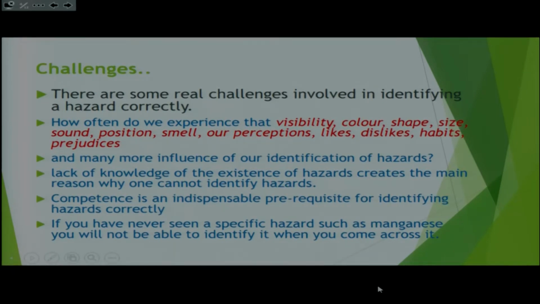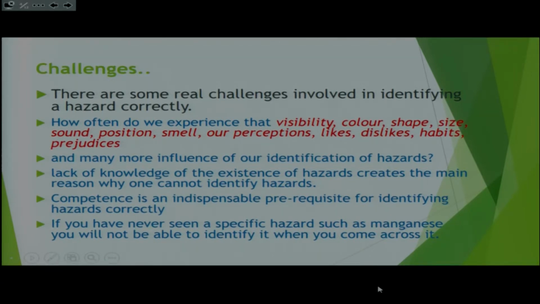Challenges. There are some real challenges involved in identifying a hazard correctly. How often do we experience that particular hazard? Visibility, or color, or shape, or size, or sound, or position, or smell, or perception, or likes or dislikes, or habits or prejudices. And many more influence our identification of hazards.